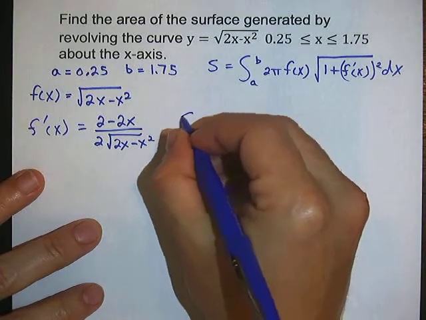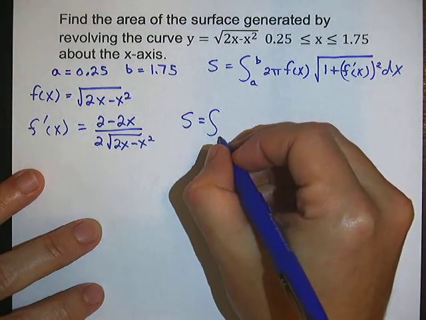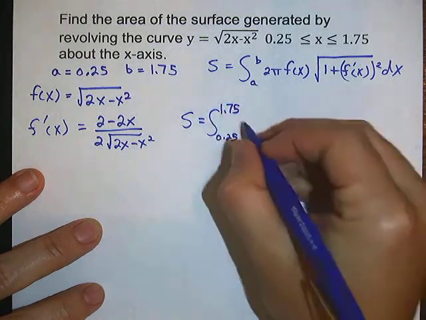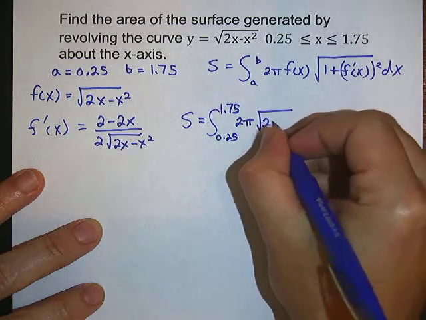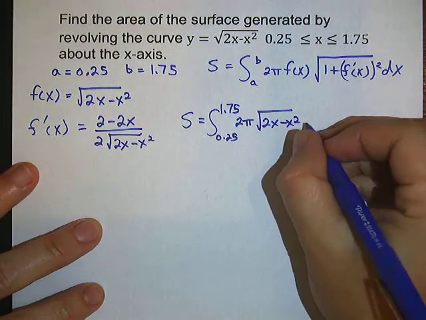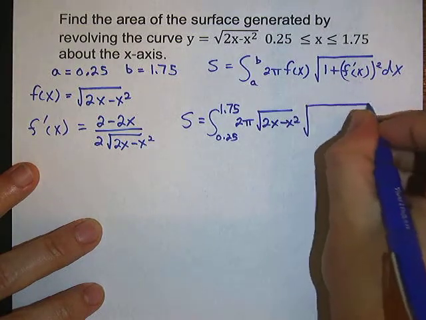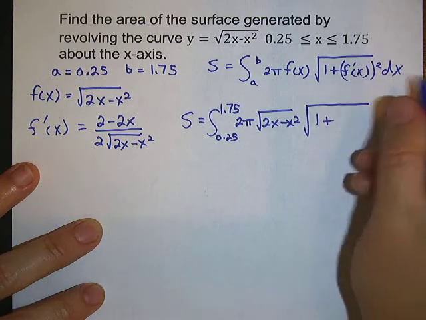So we have S is equal to the integral from 0.25 to 1.75 of 2 pi, the function, square root of 2x minus x squared. And then, of course, we have the formula that has a square root as well. Square root of 1 plus the derivative of f of x squared.